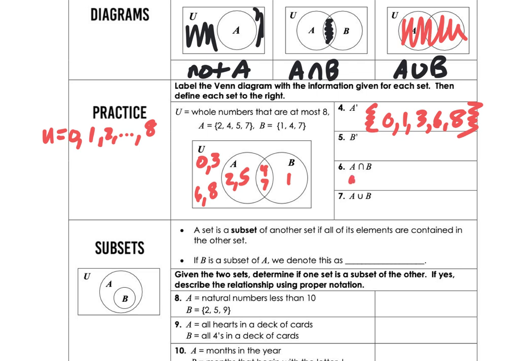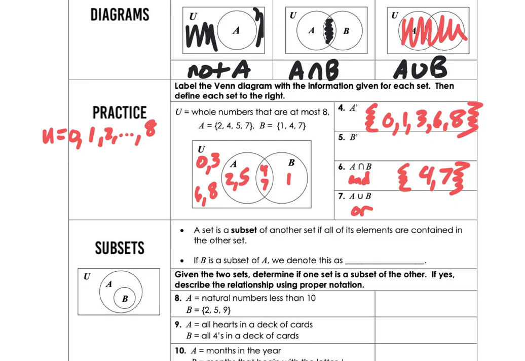This one means A and B, and so the only two things that are in A and B are 4 and 7. Okay, and then finally A or B, and I'm going to write or underneath this, so remember what this means.